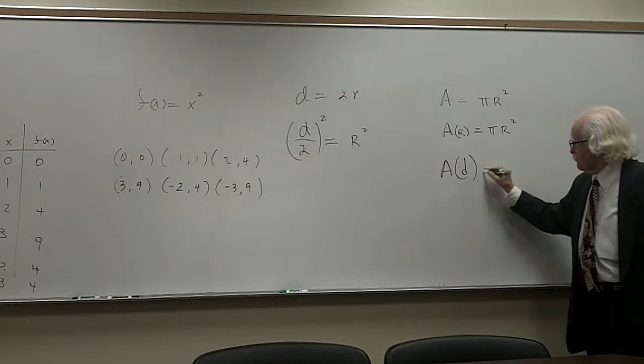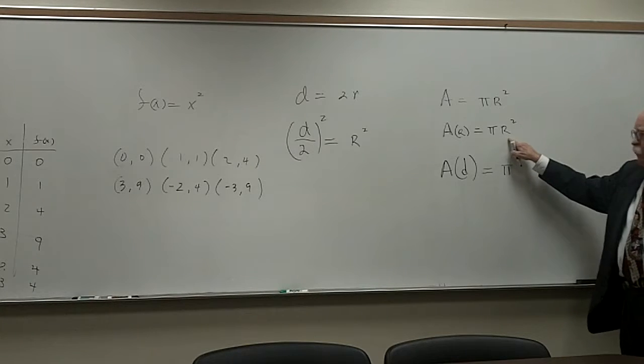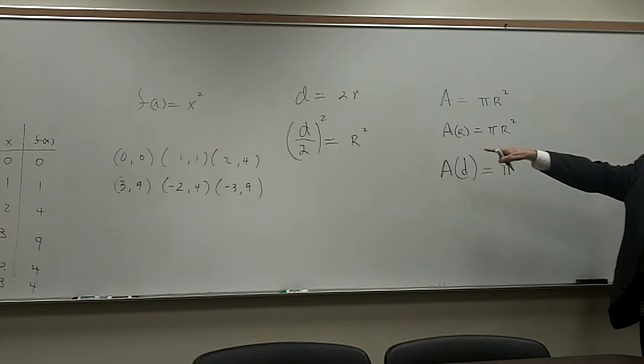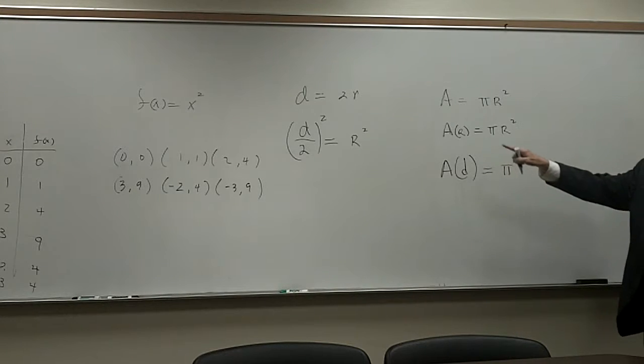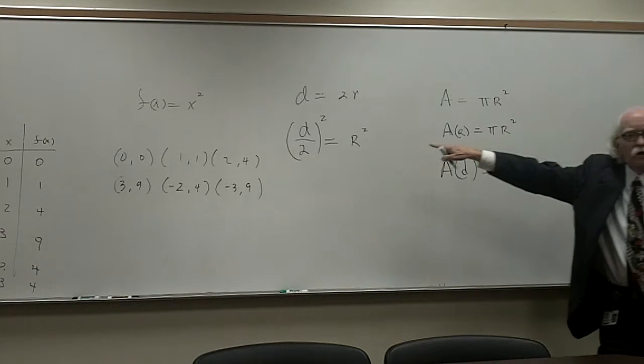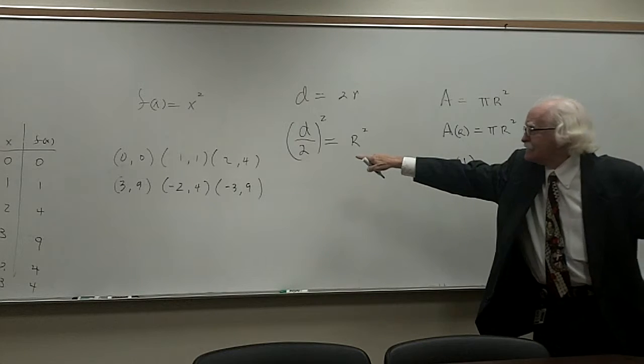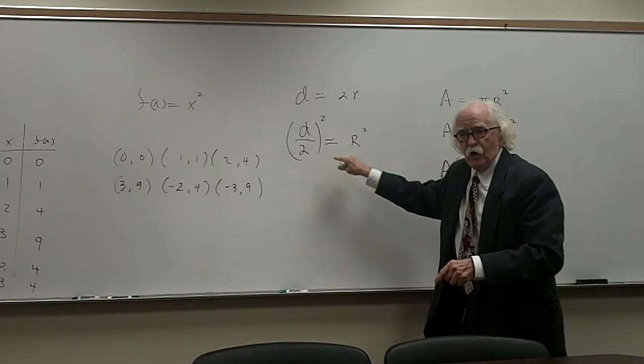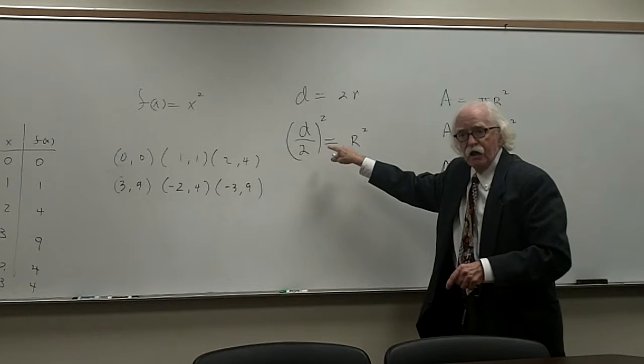A is a function of D is pi. What in the world is R squared? Look over there and tell me what R squared is. The diameter. Let's turn it. What is R squared? Read it.